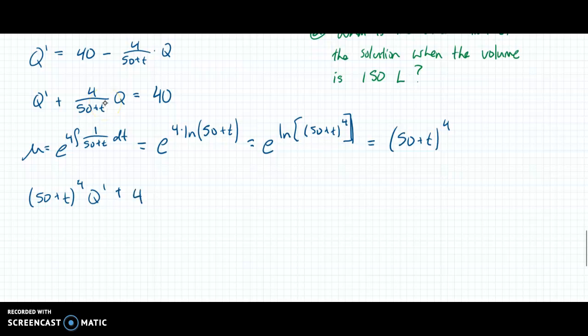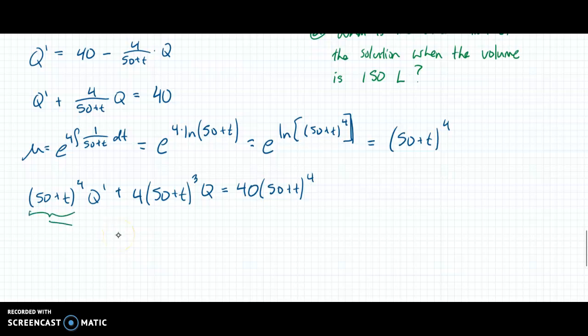That means the 4 is still going to be there, 4 times 50 plus t cubed, times Q, equals, and then I'll write the whole thing, 40 times 50 plus t to the 4th power. Look at that. This thing right here, what's its derivative?